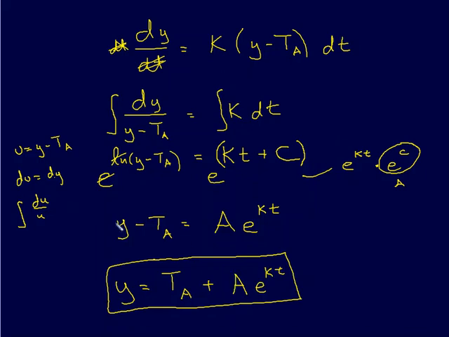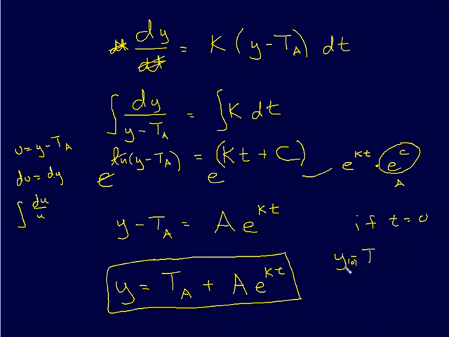Now let's examine it a little bit closer too, because it plays a neat role here. If you actually go back up one step and look at the equation we had right before the end, and suppose we were going to examine this at the very beginning of the experiment, like let's say the time was 0, right? So if the time were 0, the left side would still be the difference. Now this would be y of 0, right?